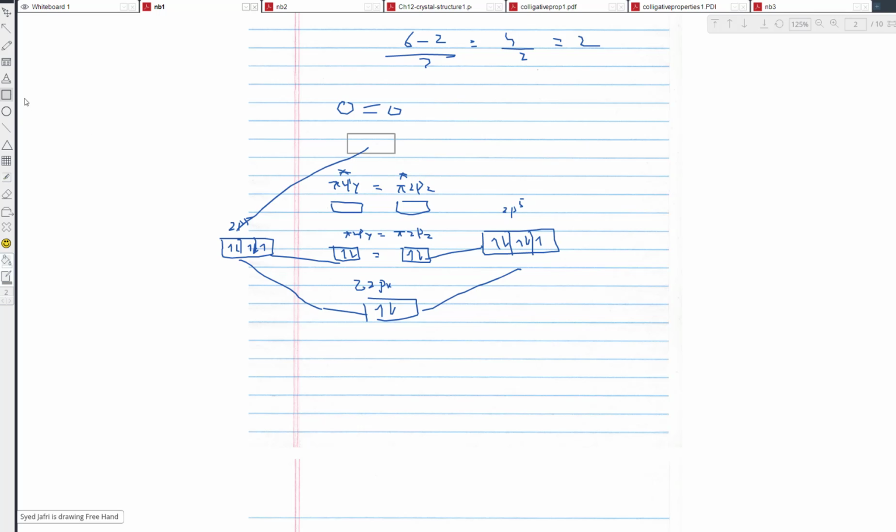And the last one is going to be sigma 2px star. So where will I put the next electrons? We have 10 to use, and we've only used 6, so 7, 8, 9, 10.